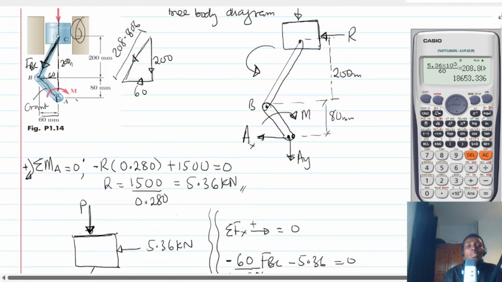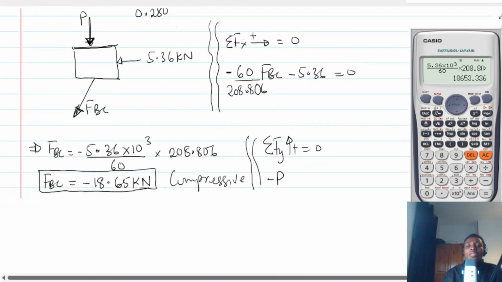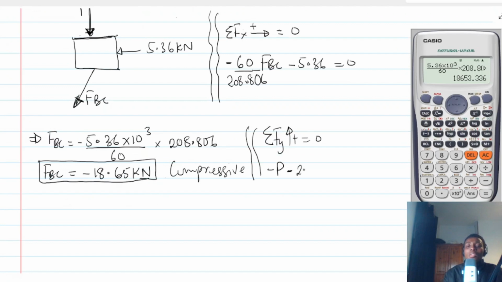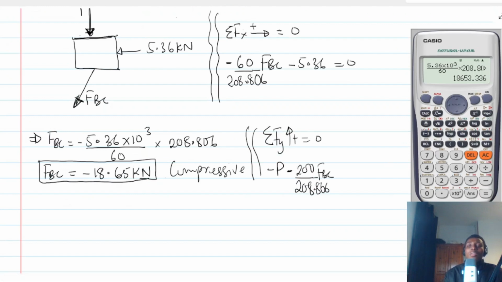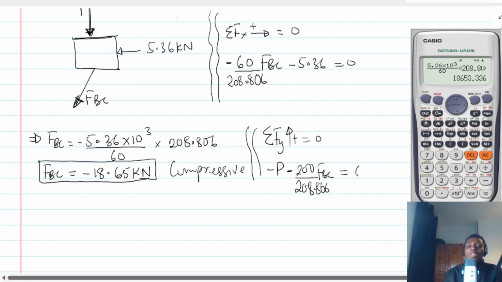So that is going to be 200. So minus 200 divided by the hypotenuse, then I'll multiply it by the force. Should be equal to what? 0.